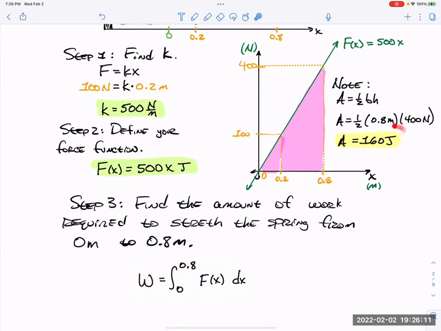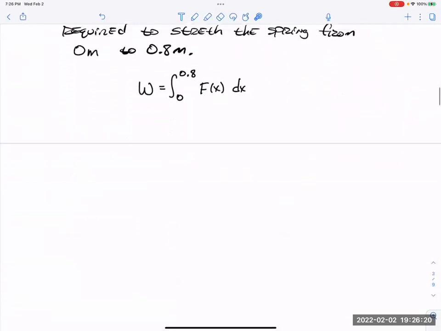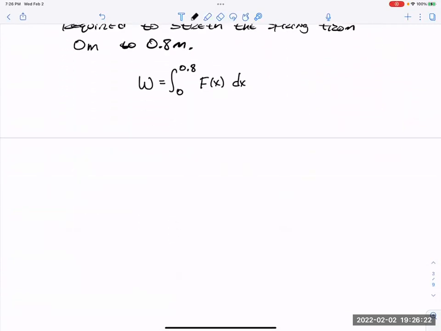We did it geometrically with a triangle. So work is equal to the integral from 0 to 0.8 of our forcing function 500x dx.